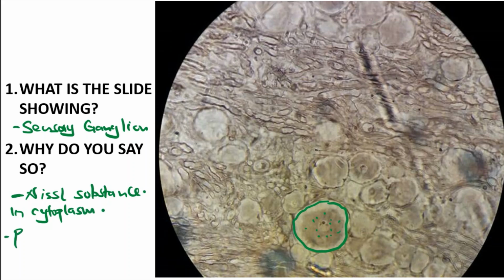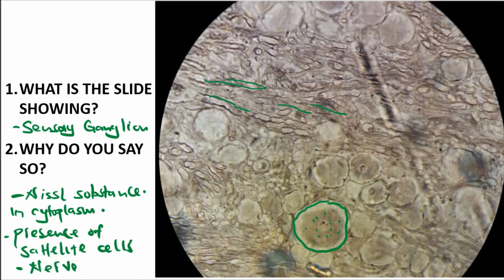There is also presence of satellite cells, and it has these nerve fibers here that are myelinated.